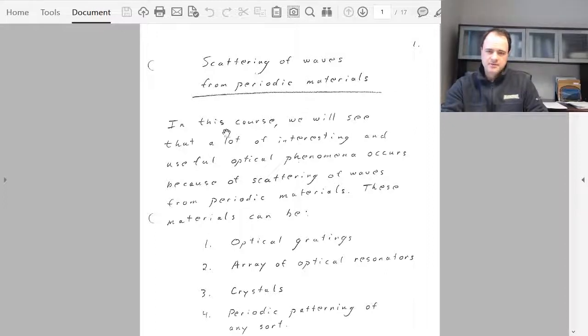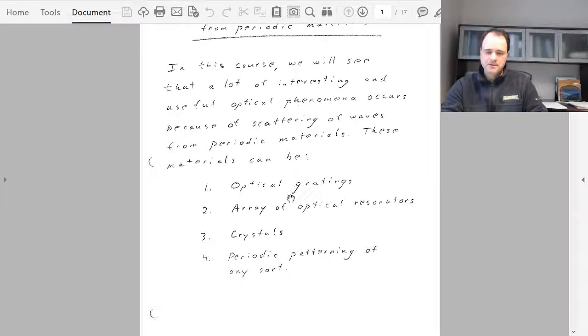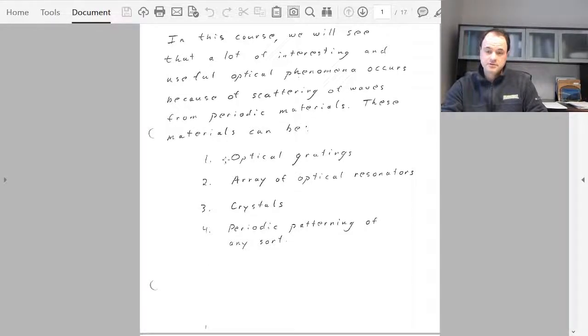So like I said, in this course we will see that a lot of interesting and useful optical phenomena occur because of the scattering of waves from periodic materials. These materials can be many of the patterned materials. Optical gratings is a very simple example, and we will look at far field diffraction, Fraunhofer diffraction, in this section.